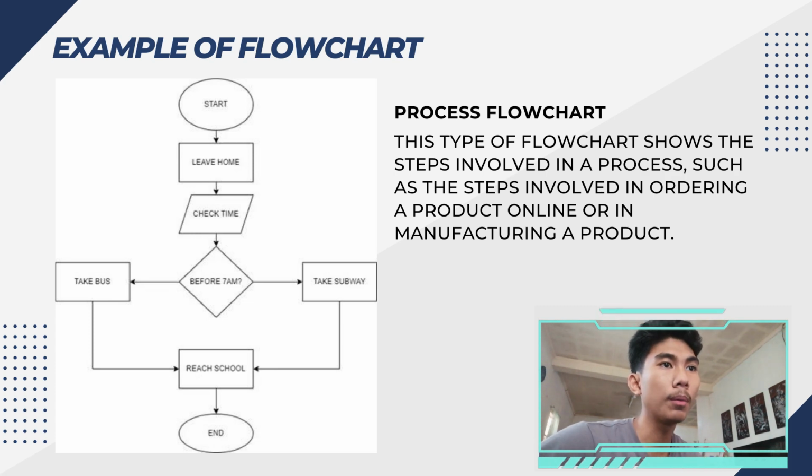Arrows show the flow of the process from one step to another. The process flowchart may also include additional information such as who is responsible for each step, how long the step is, and any tools and resources needed to complete the step. Overall, a process flowchart can visualize and optimize a business process, making it more efficient and effective.